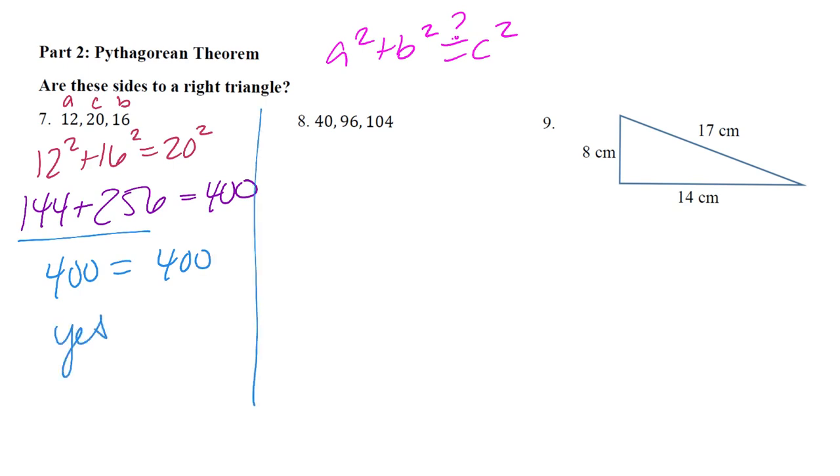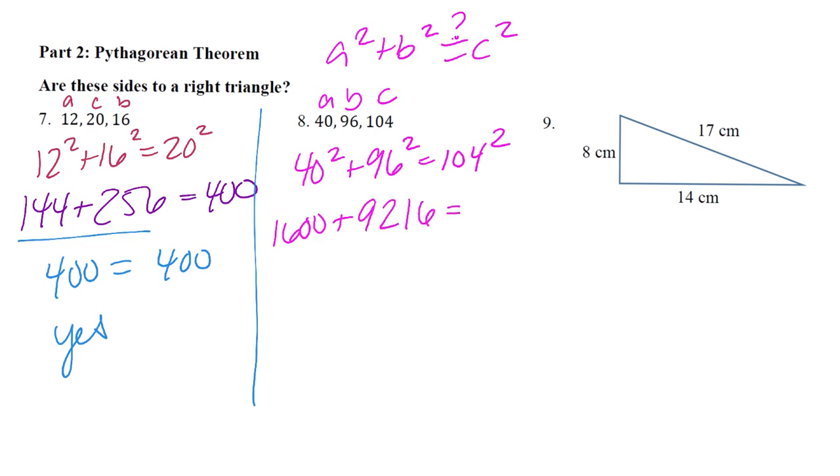All right, number 8. So I'm going to do A is 40, B is 96, and C is 104. 40 squared plus 96 squared equals 104 squared. Trying to check that. So 40 squared is 1600. 96 squared is 9216.